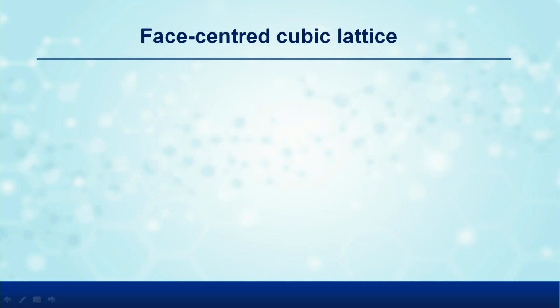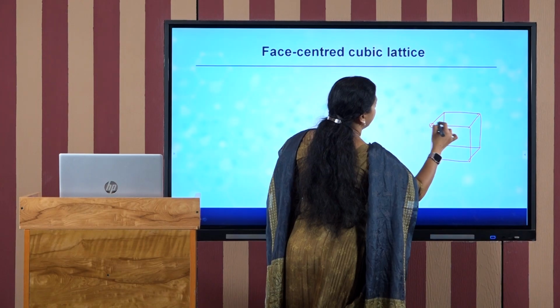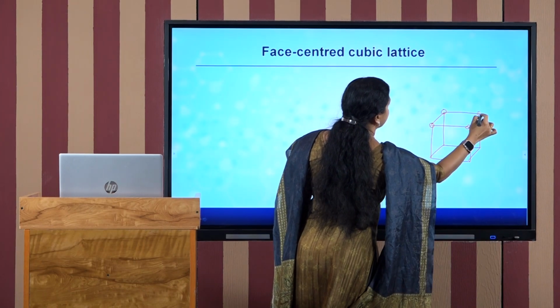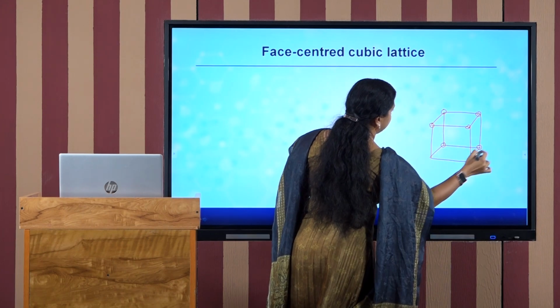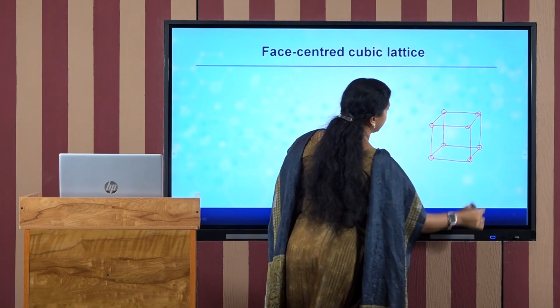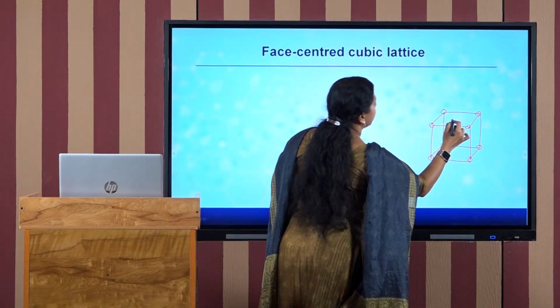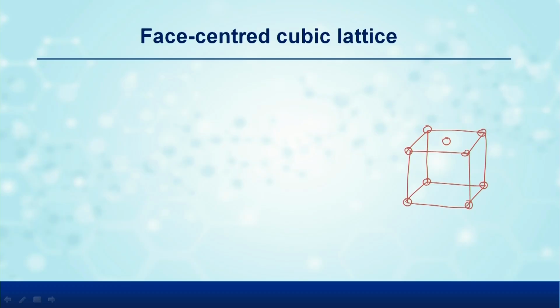We know that in a face centered unit cell, we have atoms at the corners, and also there are atoms at the center of each face.